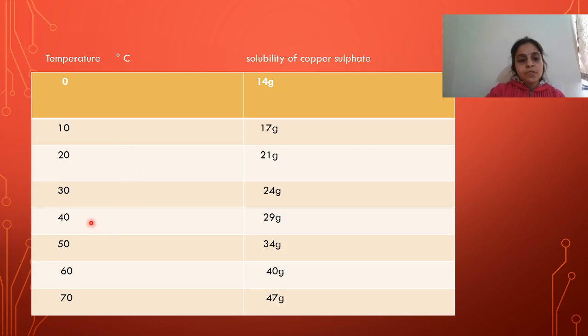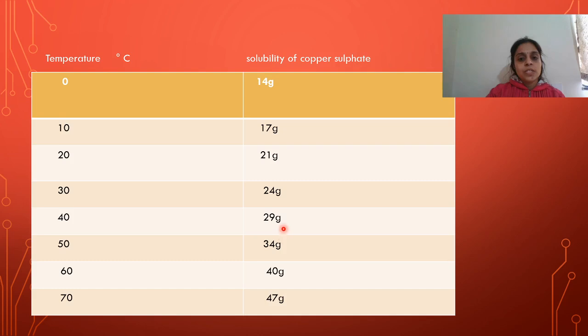70 degrees, 47 grams. So these particular grams can dissolve at the particular temperature. For example, at 40 degrees, 29 grams of copper sulfate can dissolve. If I cool that solution from 40 degrees to 20 degrees, at 20 degrees only 21 grams can dissolve, right? So already 29 grams is there at 40 degrees. If I decrease the temperature, what happens? Only 21 grams can dissolve.